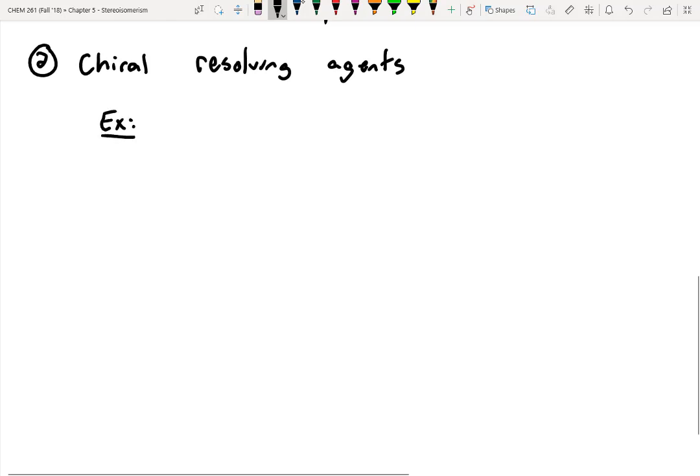Let's say that you've got a compound that looks like this, where you've got an amine and a phenyl group, and I'll just abbreviate the phenyl group like that. And it's mixed in with this amine. What's the relationship between these? They're enantiomers, right? They're not going to be easy to separate from one another. So if you have these mixed together, the question is, well, what do you do?